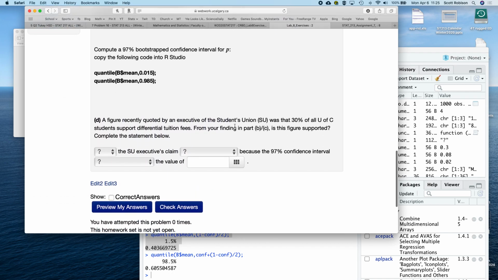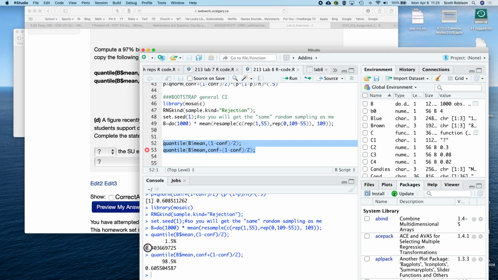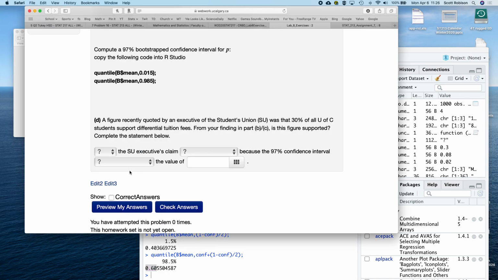So the question here is saying, okay, a figure recently quoted by the Student Union was that it was 30%. Does your data support that statement? And here, our data is saying that it should be between 40% and 60%. However, 30% is not in between 40% and 60%.